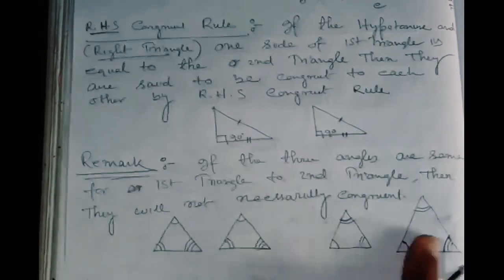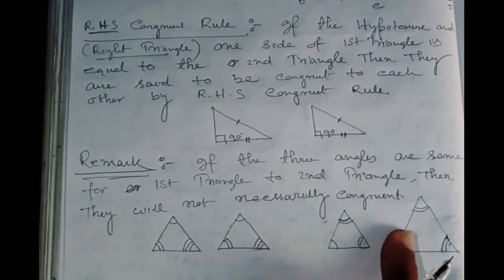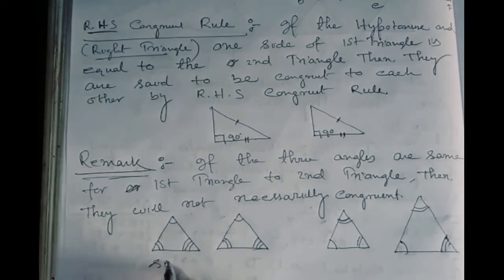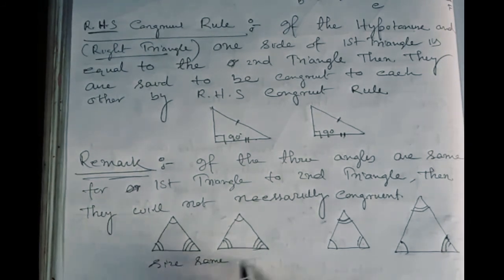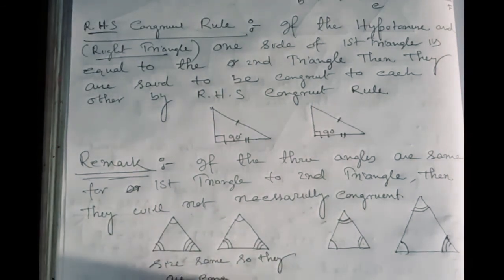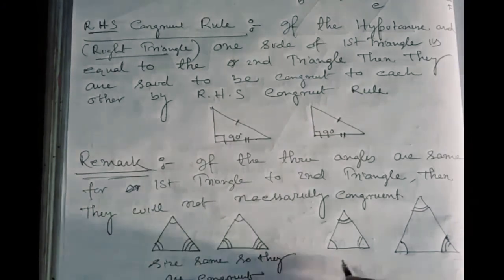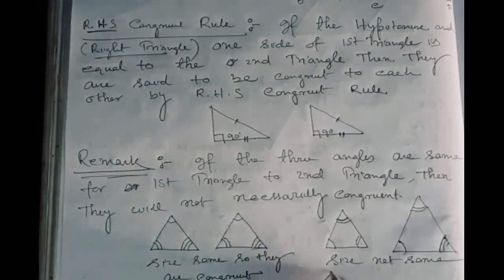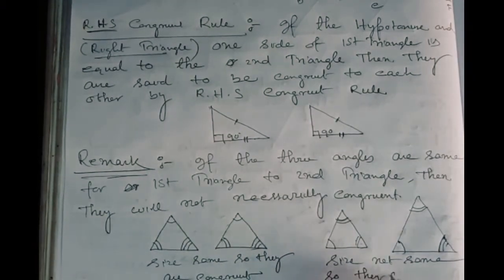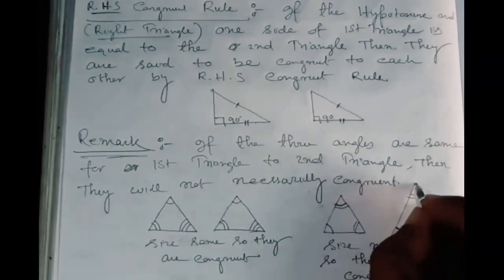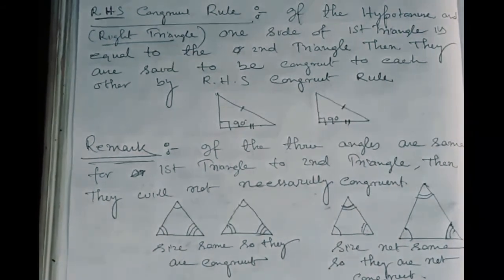But they are not congruent because the size is not the same. Here the size is the same, so they are congruent. Here the size is not the same, so they are not congruent. Okay, understood? So this is the remark.